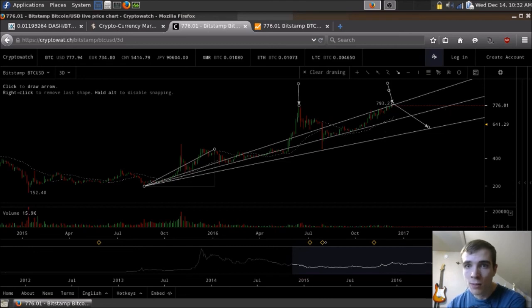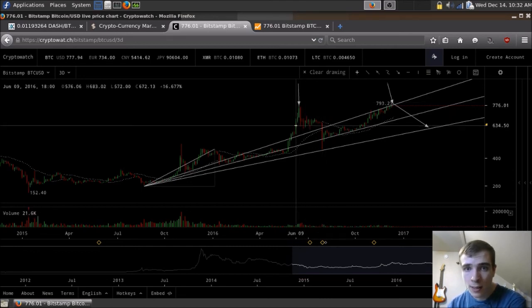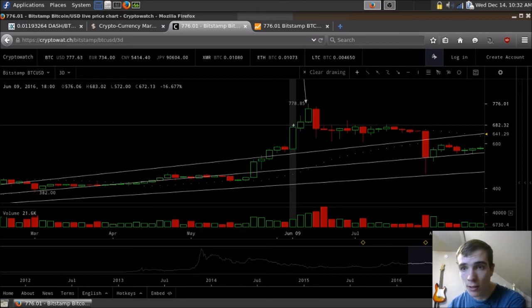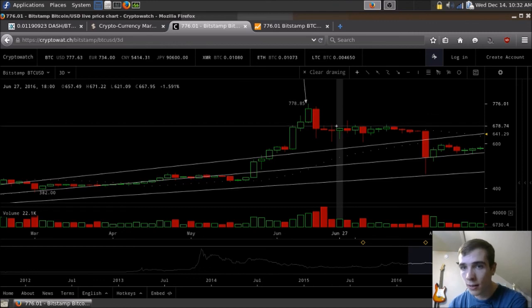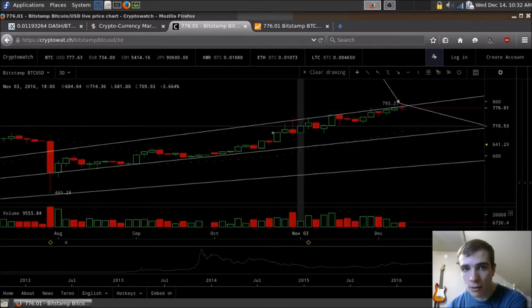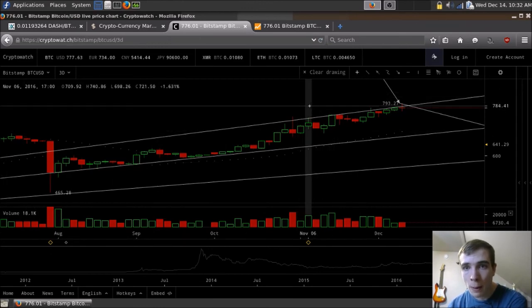We haven't seen something like this, where we see this huge gain where it opens that day at 575 and closes that day at 682. That's $100 increase in a day. So we haven't seen anything like that in Bitcoin for a little while now.